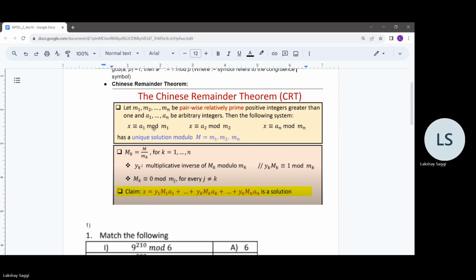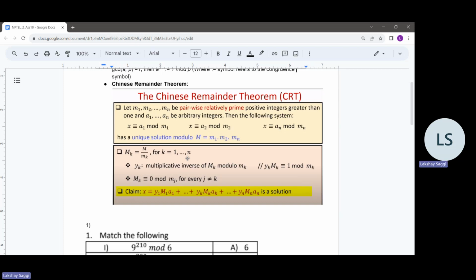simultaneously. Then what the Chinese remainder theorem states is that this system has a unique solution modulo the number M, which is the product of m1, m2 till mn. If we multiply all these m1, m2, m3 till mn, we have this number capital M. So there will be a unique x.